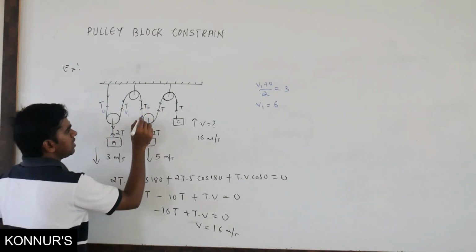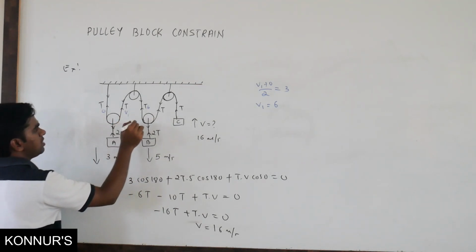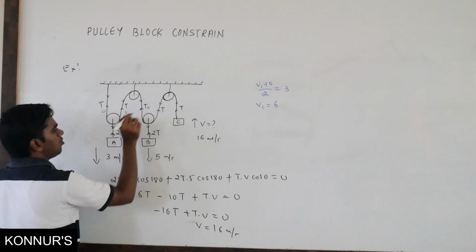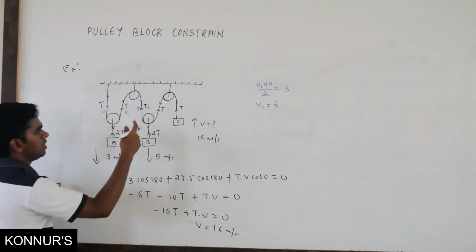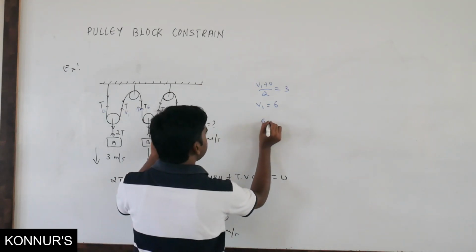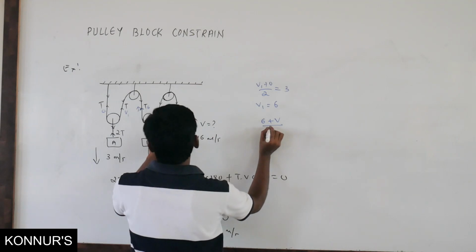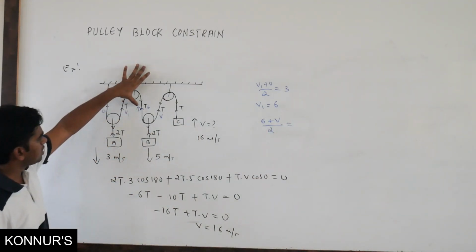Apply to this one. 6 is in the upward direction, obviously. So this is the downward, and this you can take as v. So (6 plus v)/2 equals, this is -6 or +6.